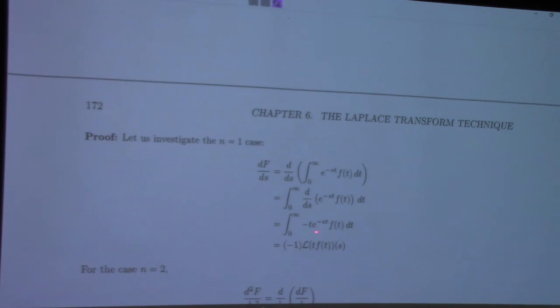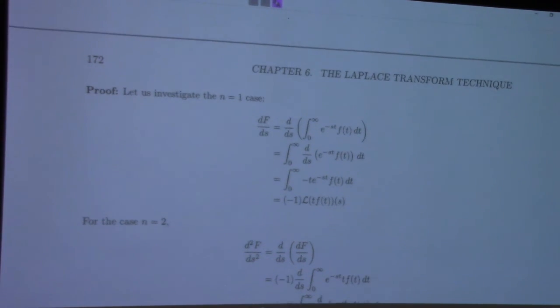Then you pull the minus out, and then that's t times f, that's the Laplace transform of t f. So there's the theorem in the n equals 1 case. This theorem just comes from successive differentiation of the Laplace transform. It's actually really, really easy to derive.